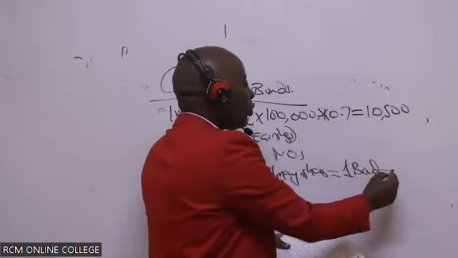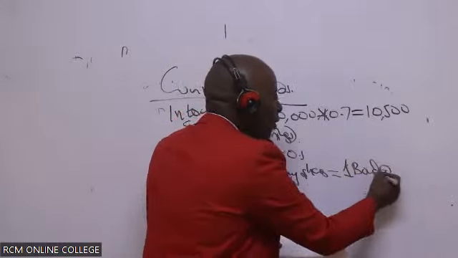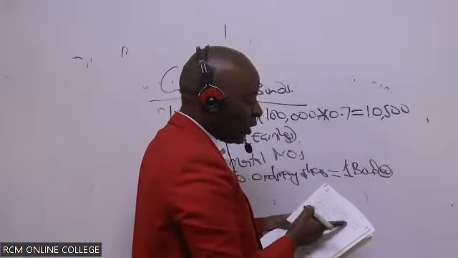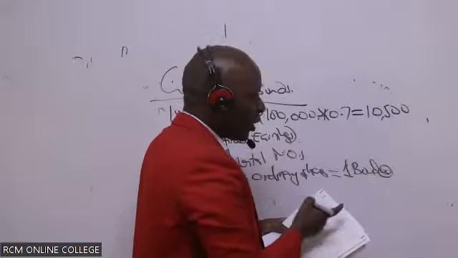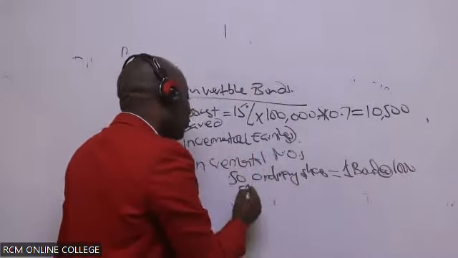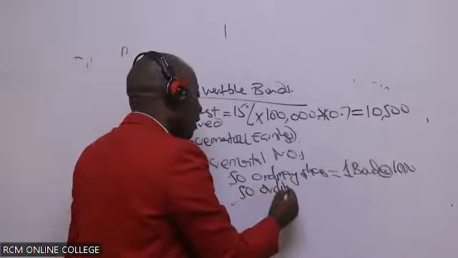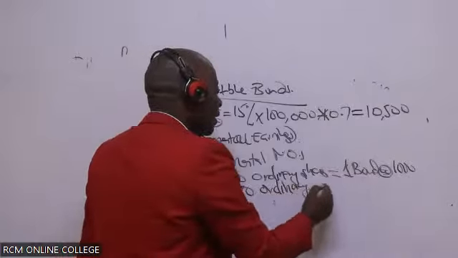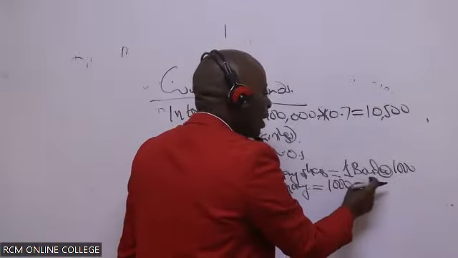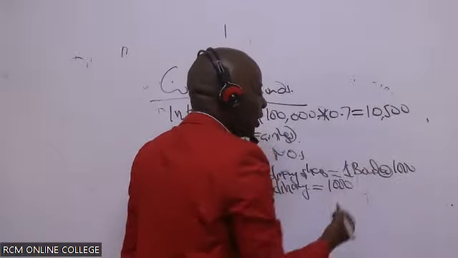And then remember that 1 bond has what par value? They have told us the par value is 1,000. So basically, 50 ordinary shares will be equal to 1,000 shillings here.